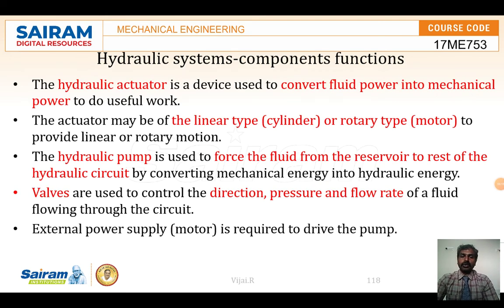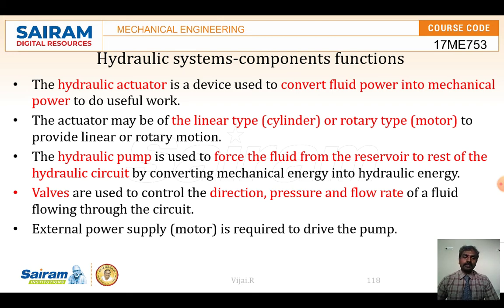And the components: we can see that the hydraulic actuator is going to convert the fluid power into mechanical power, which is the main work we are going to do. What is the final output I want to get? A mechanical output, so through the actuators we are going to get it.